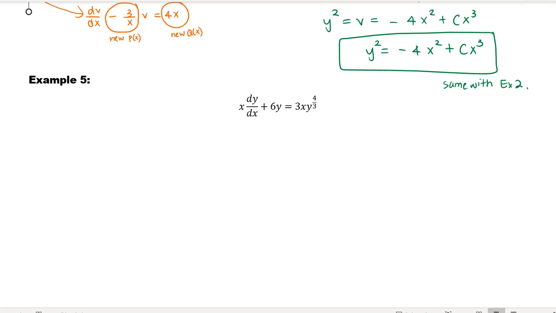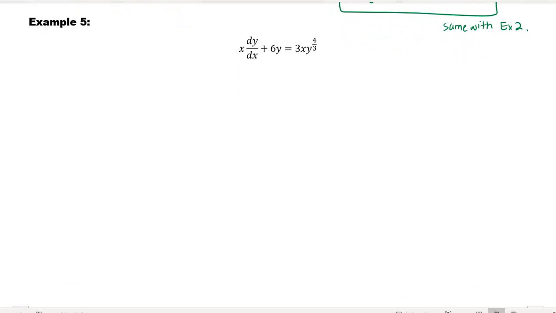Okay, everyone. Now, please pause the video and work on example 5. Are you ready? Okay, let's check our work together. So first thing, make it into the standard form. So both sides divided by x.